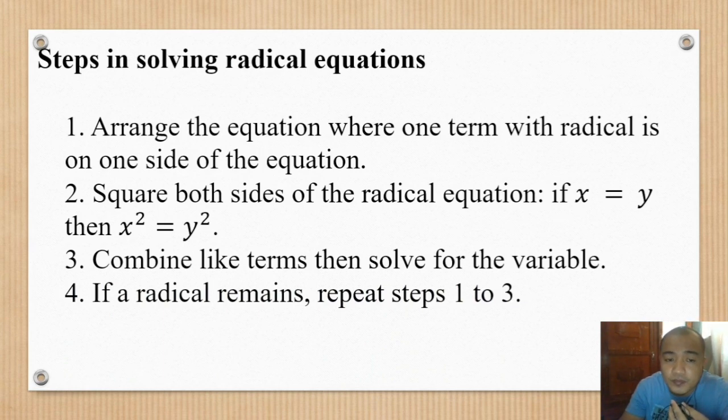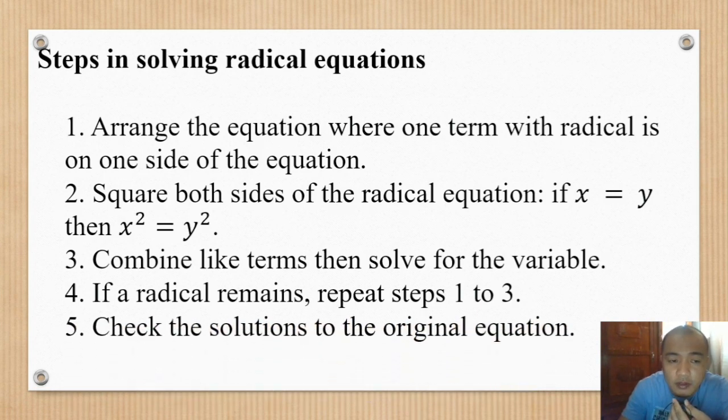Pag may radical pa rin, repeat mo na naman yung step 1 until the radical will be gone. From that, you can solve for the missing variable x or y. And of course, the last step, check the solutions to the original equation.